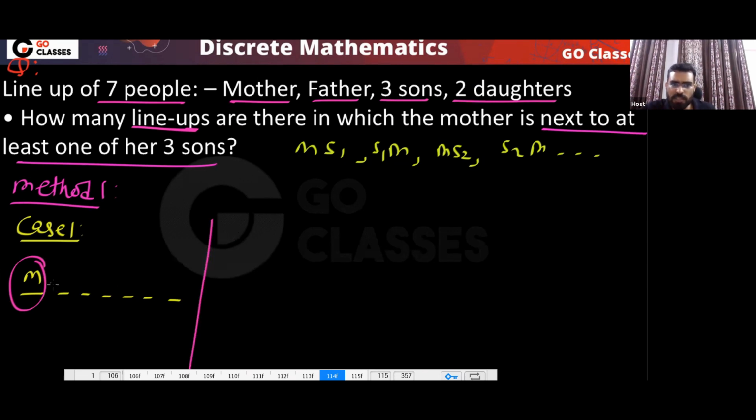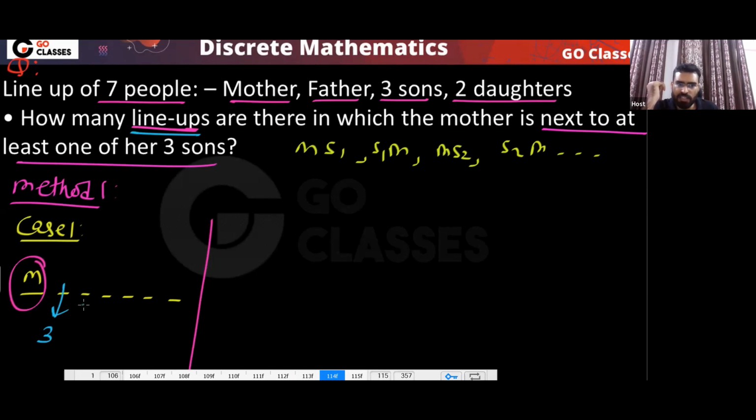Because it is a lineup, order matters. How many choices for the second position? Only 3 choices. A daughter or the father can come: 2 daughters, 1 father.